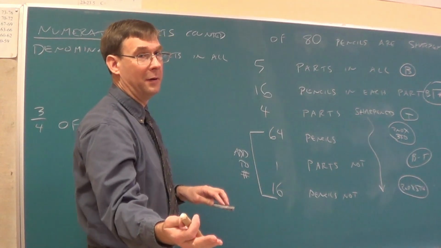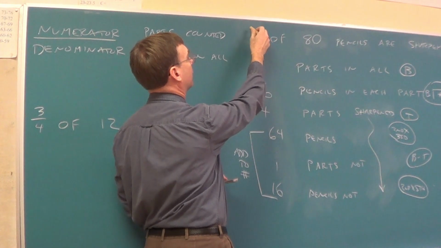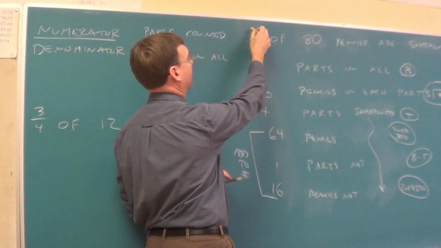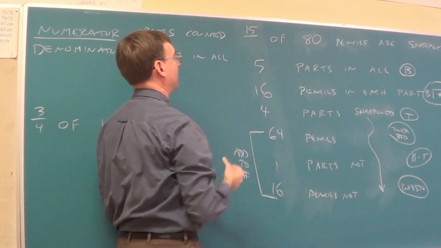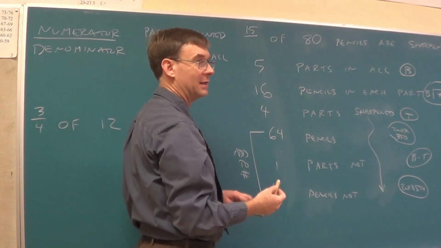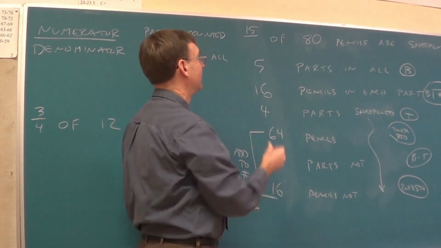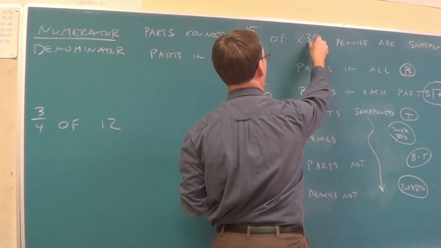Pick a number. Like a fraction? Any number, don't get too big. 25. Oh, that's pretty big. 15. Pick a number bigger than 15. Just don't go crazy. 23. I'm going to say 230 over there.